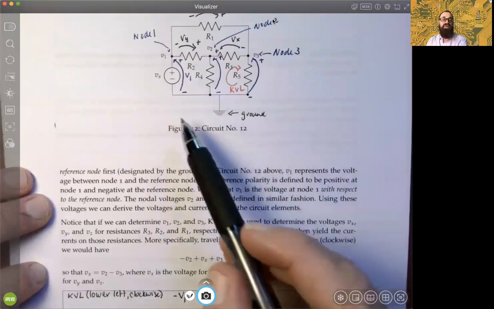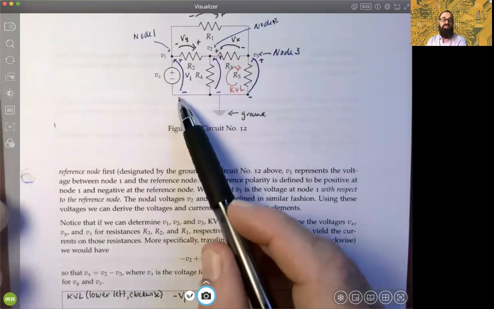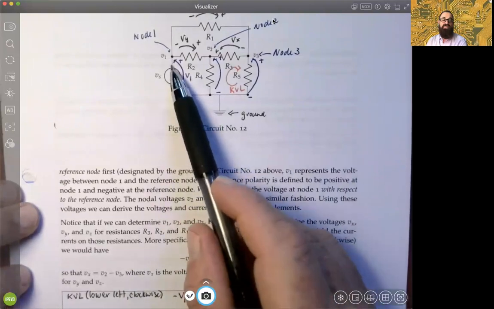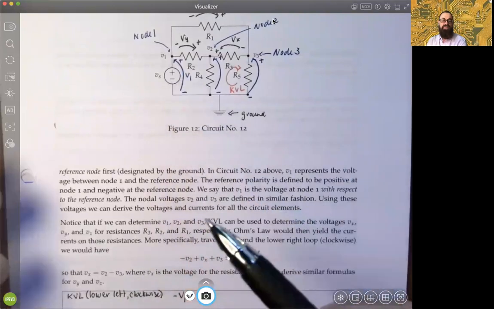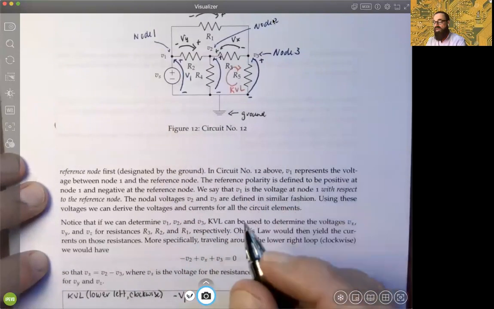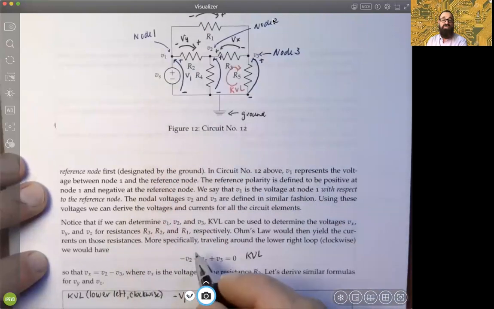okay? We'll talk about what that means relative to the voltage source in just a second, because you can probably see immediately we know something about the voltage here connected directly to that voltage source. But for now, we'll just say minus V1. And then we'll come into the negative pole for the voltage across R2, and that's minus Vy.